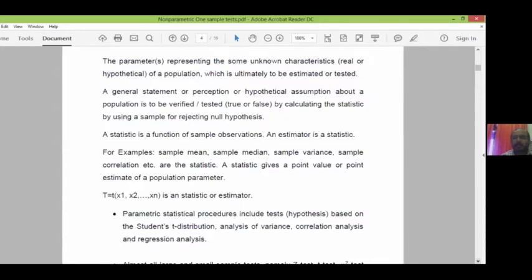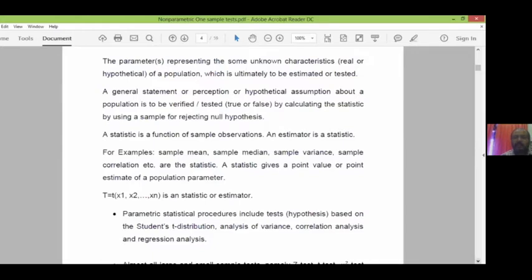For example, you can have the heights of all the participants. If we are interested in the average height of the population, we must go for calculating the mean. That mean involves all the sample values of height.